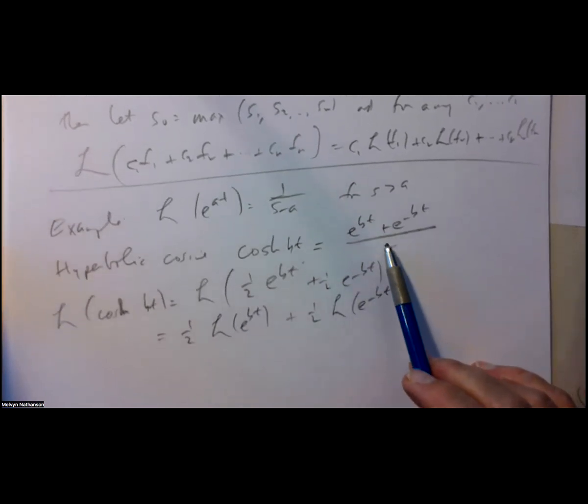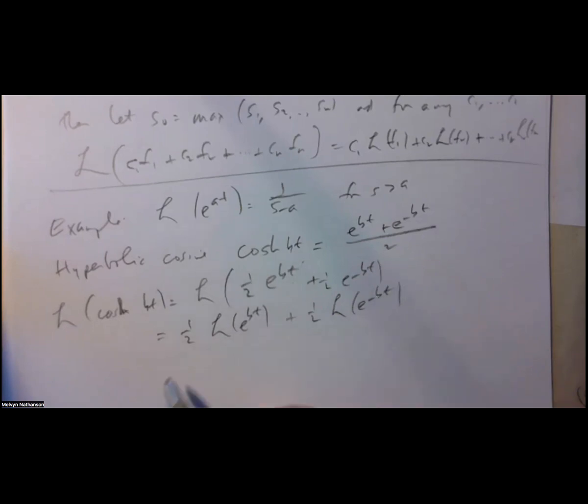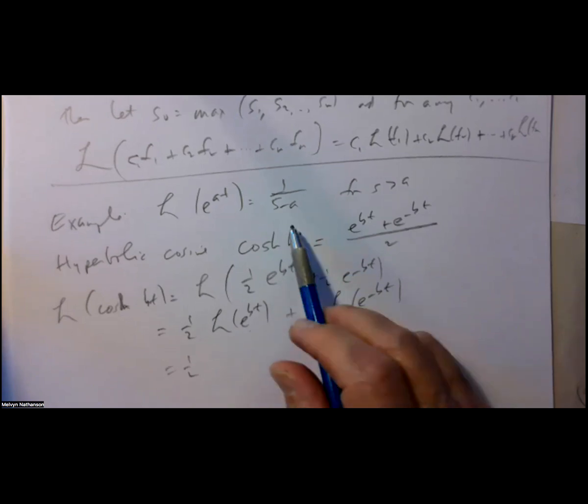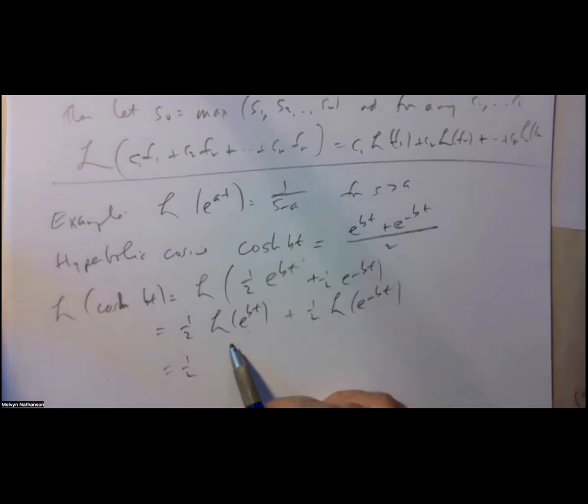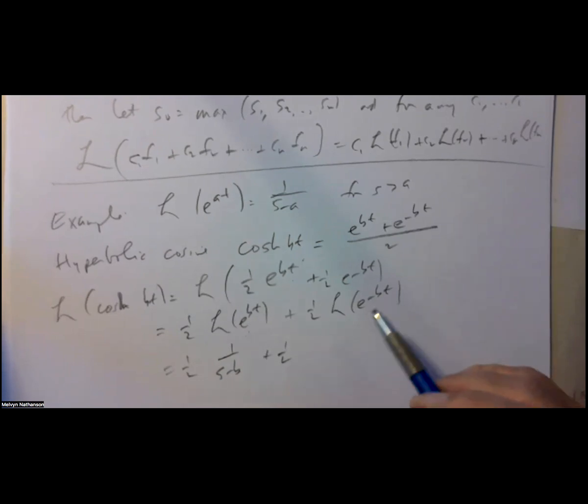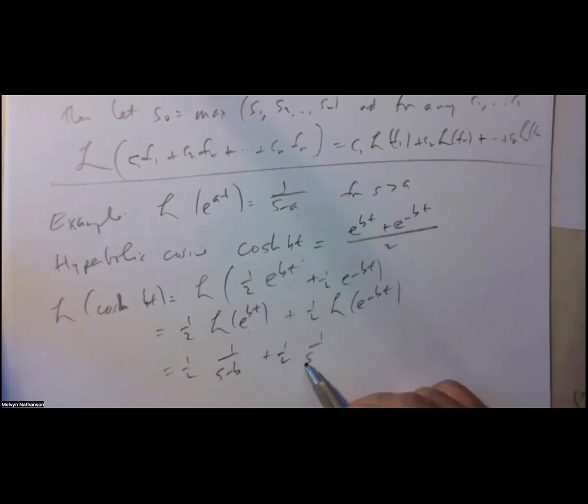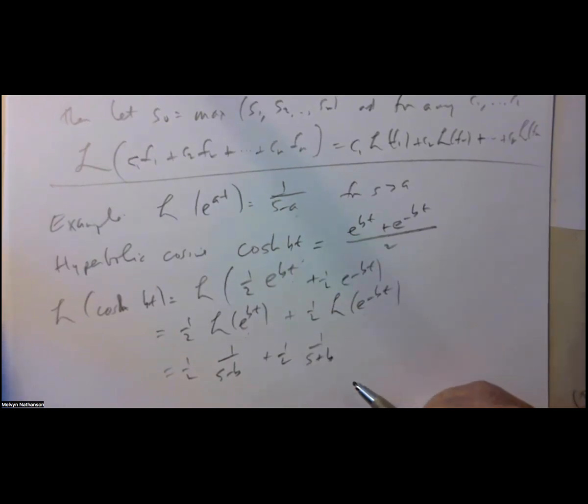But we know what these Laplace transforms are. This is 1/2 the Laplace transform of e to the bt, where you let a equal b, you get 1 over s minus b. And the Laplace transform of e to the minus bt, you let a equal minus b, you get 1 over s plus b.